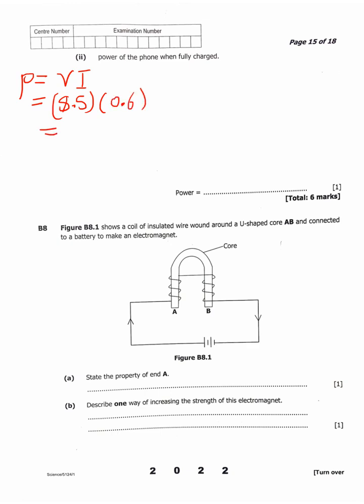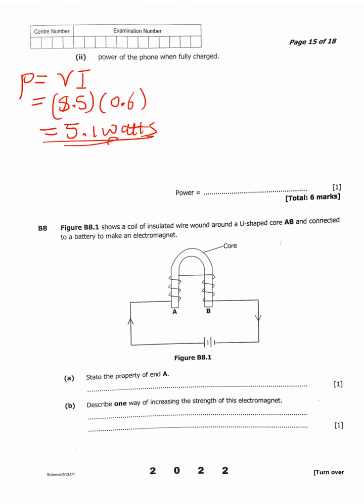If you multiply 0.6 times 8.5, you can punch it out. So I'm getting the value of 5.1 watts. So this is what you can do if you are trying to find the power.